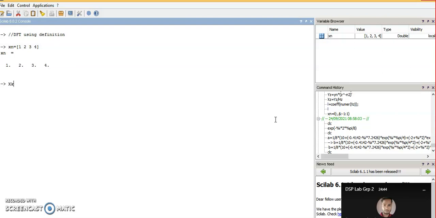Let us find X[0] first. X[0] will be x[0], which is 1, into exponential minus j 2 pi divided by 4, because there are 4 samples in this signal, into nk.